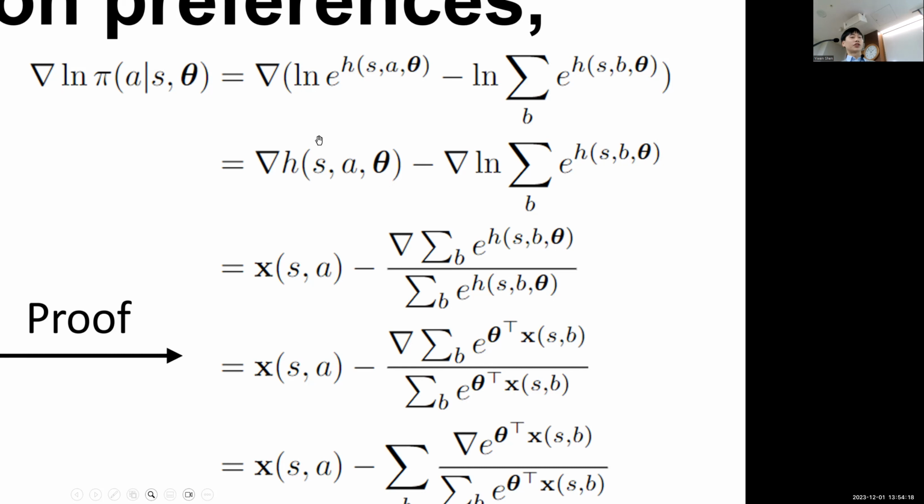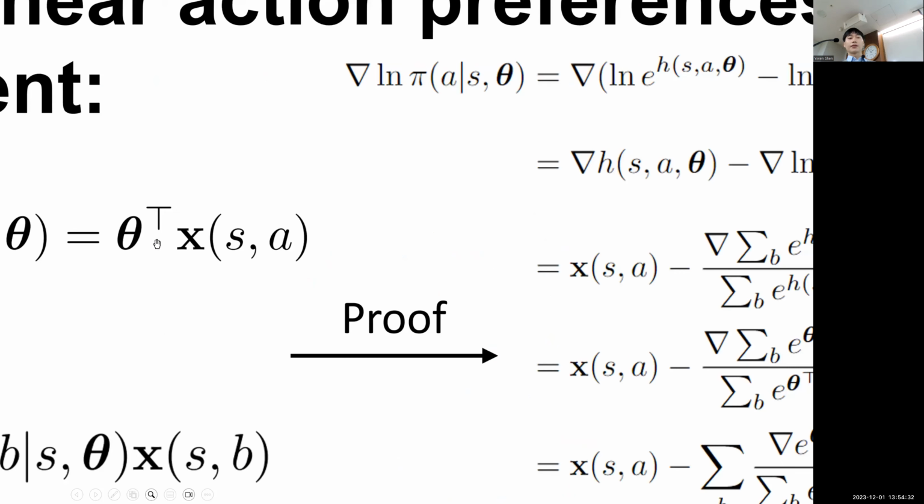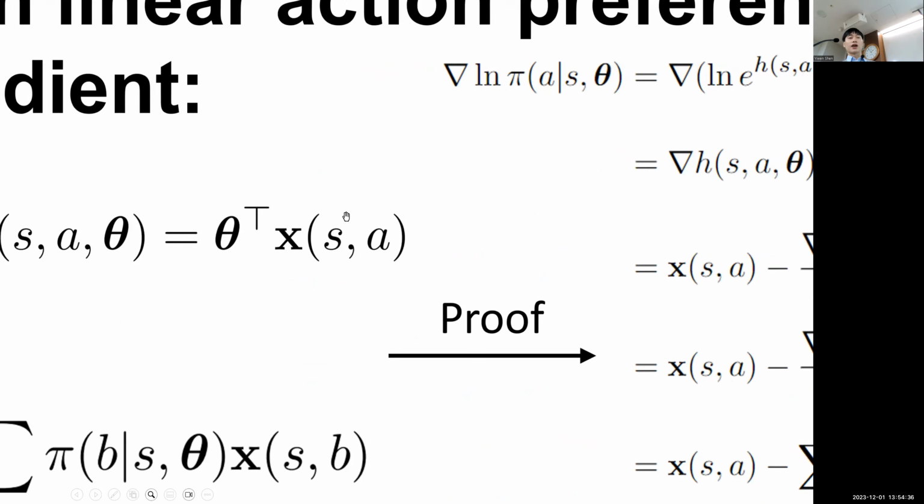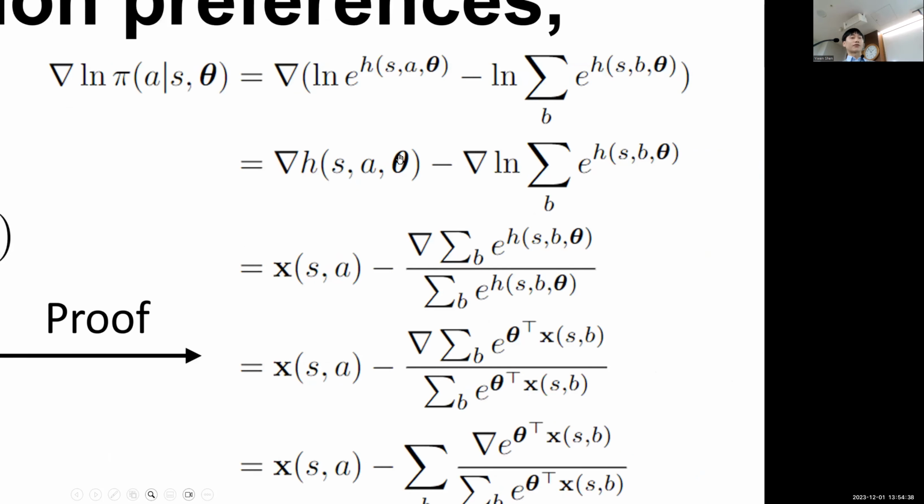Then it will just equal h. What is h? If you do the gradient of h, it will just equal the feature vector. So the first part is done. You already have it here. H is the linear function defined in this way, and if you do the gradient with respect to theta, it just equals the feature vector itself.